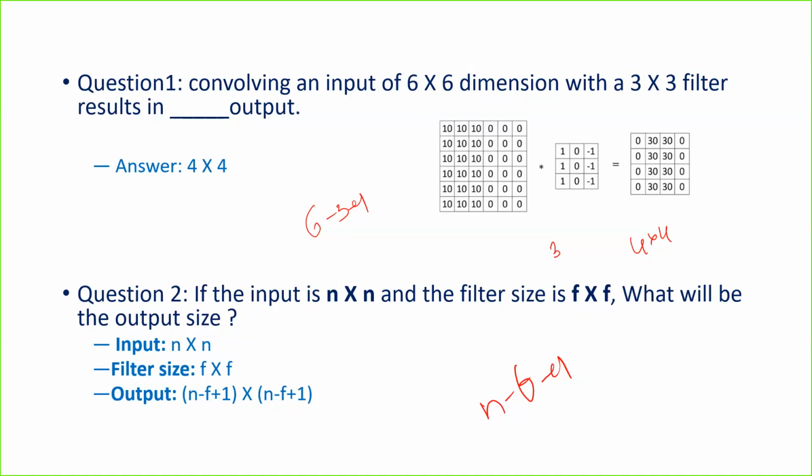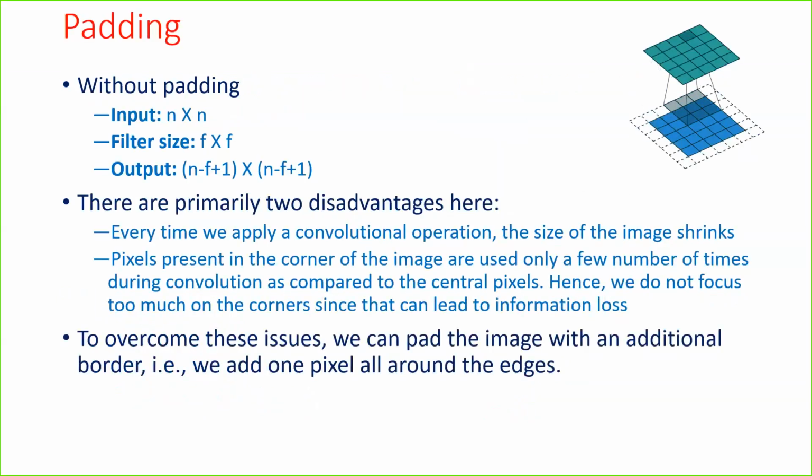So to avoid this problem, we pad the image with some additional border. There are primarily two disadvantages of not applying padding. Every time we apply a convolutional operation, the size of the image shrinks. This is one problem. The second problem is that pixels present in the corner of the image are used only a few times during the convolution as compared to the central pixels.